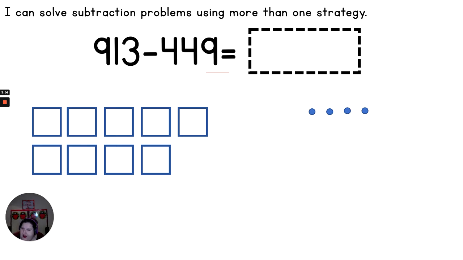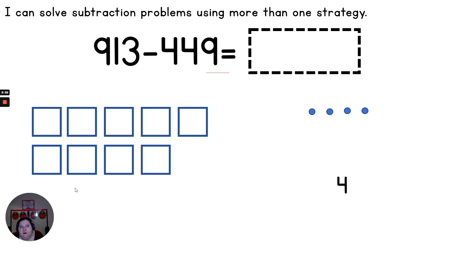Okay, how many ones do we have now? 4. Okay, 4 ones. Perfect. Move on to our 10s. We have to take away 4 10s. Ooh, we don't have any 10s, mathematicians. We have none. Oh dear, we took that 10 that we had, and we broke it into 10 ones.